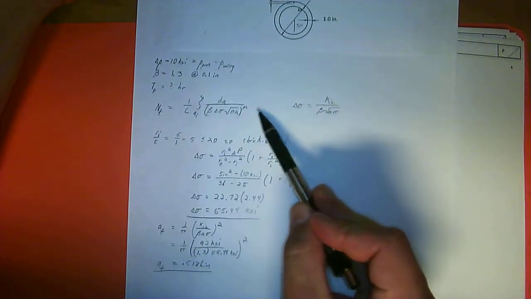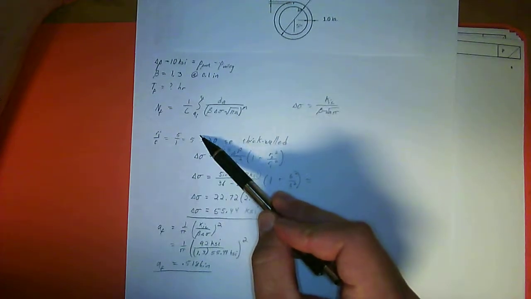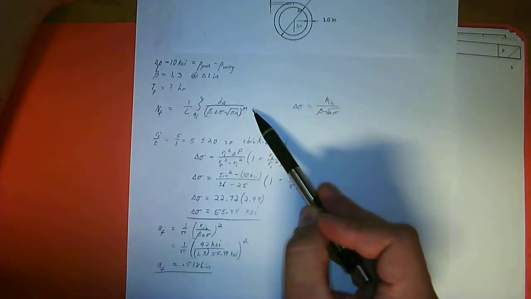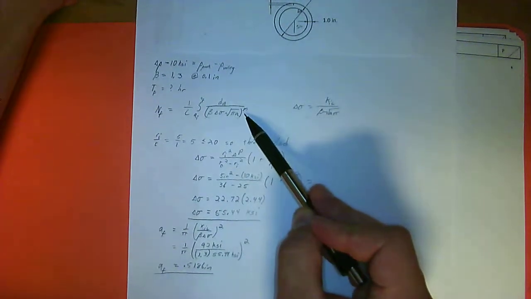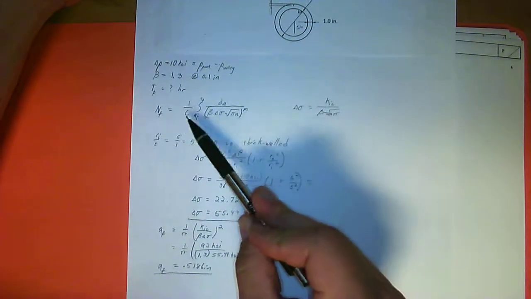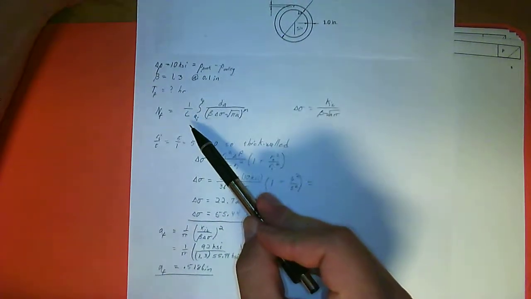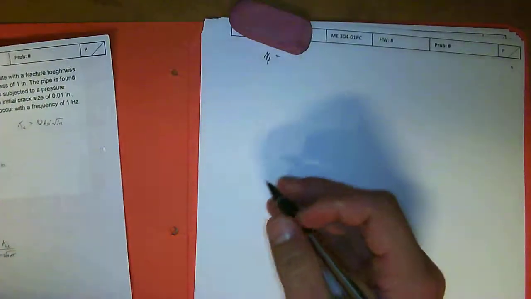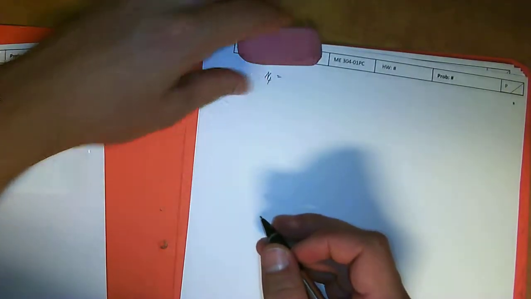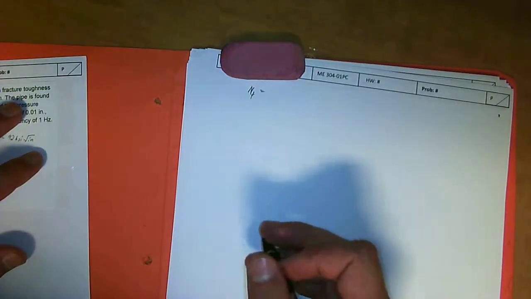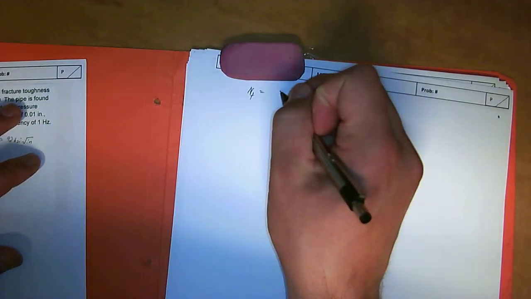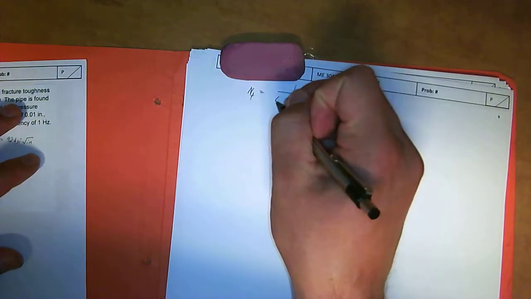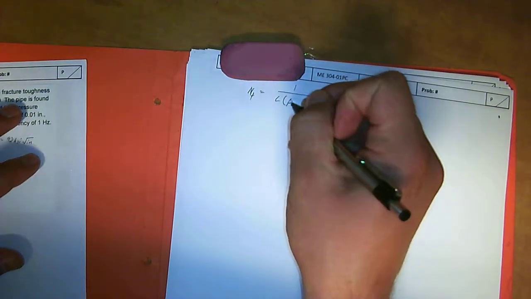Alrighty, so NF is equal to 1 over C times beta delta sigma square root of pi, to the power of m, integral from AI to AF of a to the negative m over 2 dA.